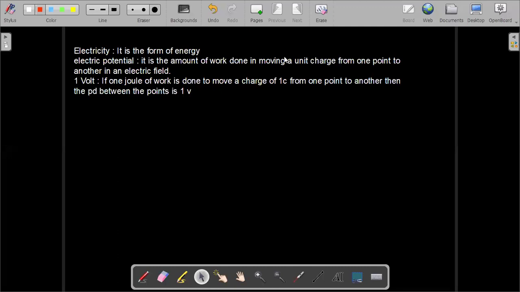We call it W by Q, which is work done per unit charge. We got V equals W over Q, work done per unit charge, and 1 volt will be equal to 1 joule per coulomb.